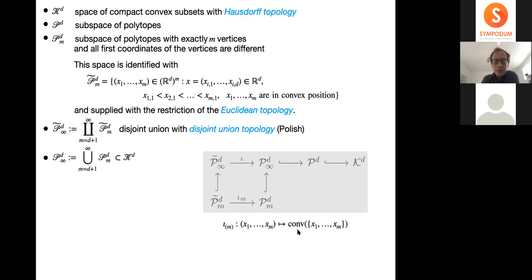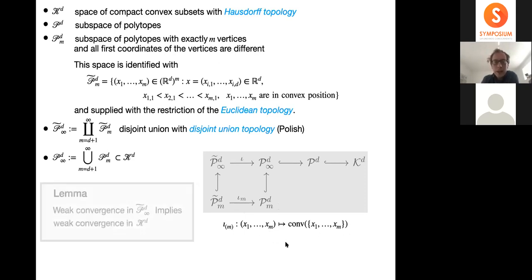If you want to do it in the big space above here, then you have to glue together these mappings. The first observation is, if you want to show weak convergence in the space of compact convex subsets, as we would like to do, it's sufficient to prove weak convergence in this representation space. Why? Well, this is just the continuous mapping theorem. It's just the observation that all these mappings iota_i are continuous, and the rest is, you just follow these arrows.